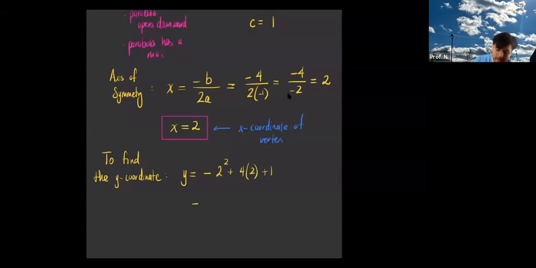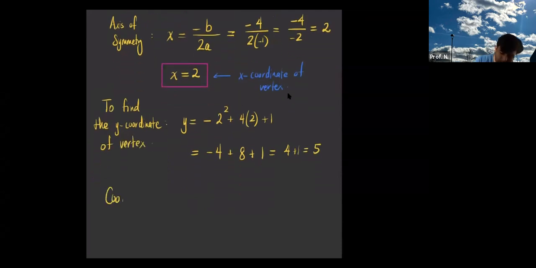And then I get what? I get negative 4 plus 8 plus 1. Negative 4 plus 8 is 4, plus 1 equals 5. So I found the y-coordinate of the vertex. So then what are the coordinates of my vertex?